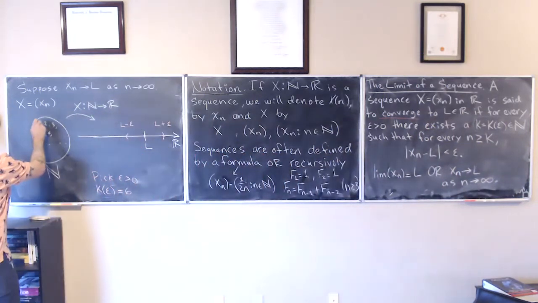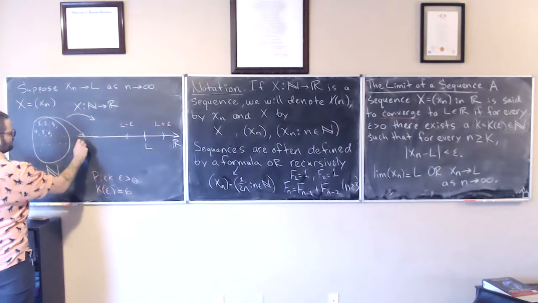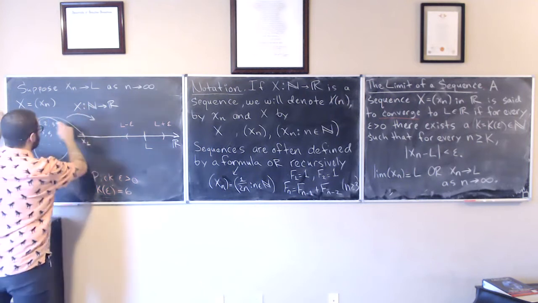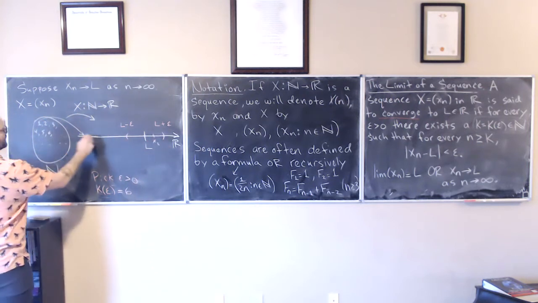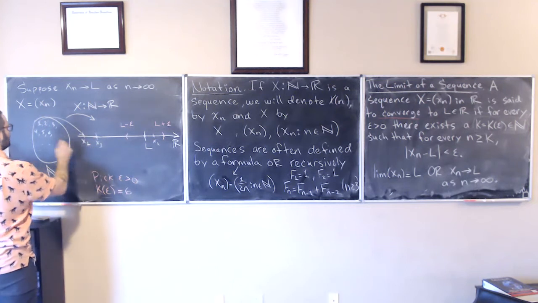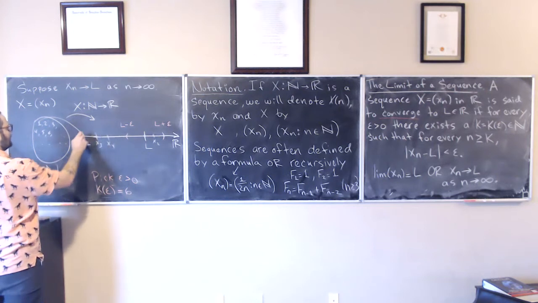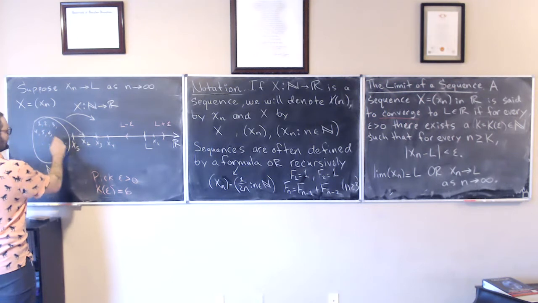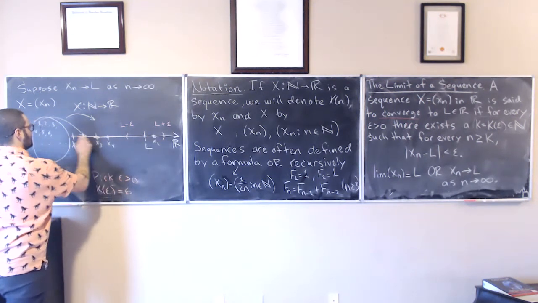So maybe x of 1 is mapped right there, but then maybe x of 2 is mapped right there, and x of 3 is mapped right here. Maybe x of 4 is mapped right here, and then maybe x of 5 is mapped right there. So this is what our sequence looks like.